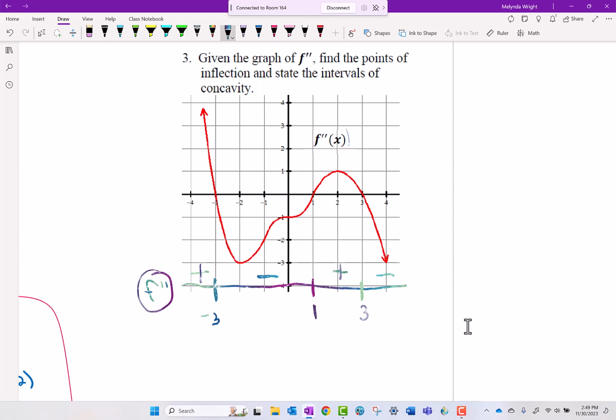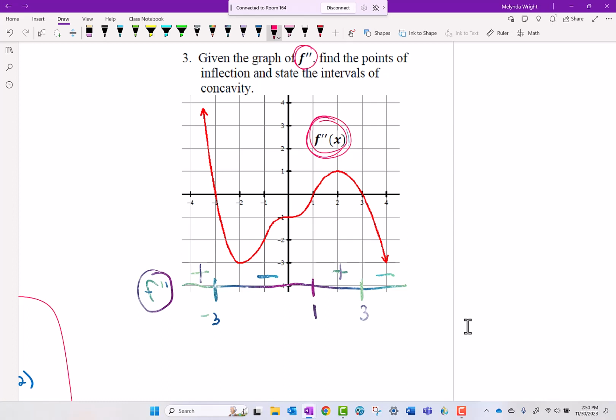I hope you can see how terribly wrong your interpretations would be if you thought this was a first derivative graph. You with me? Really important. I don't know what you need to do, like circle it, make a note. The interpretations are going to be completely different. And I will have to tell you, an unfortunate fact is I have had students on a test interpret the graph the exact opposite way.